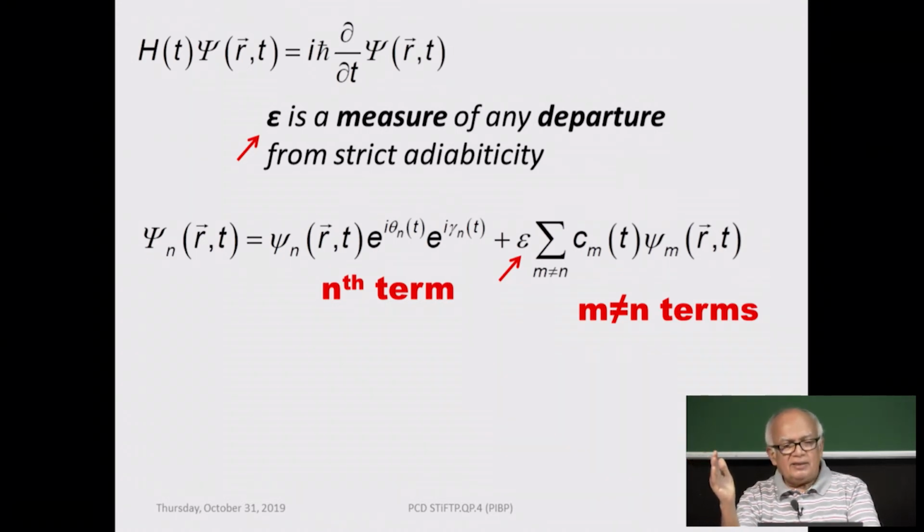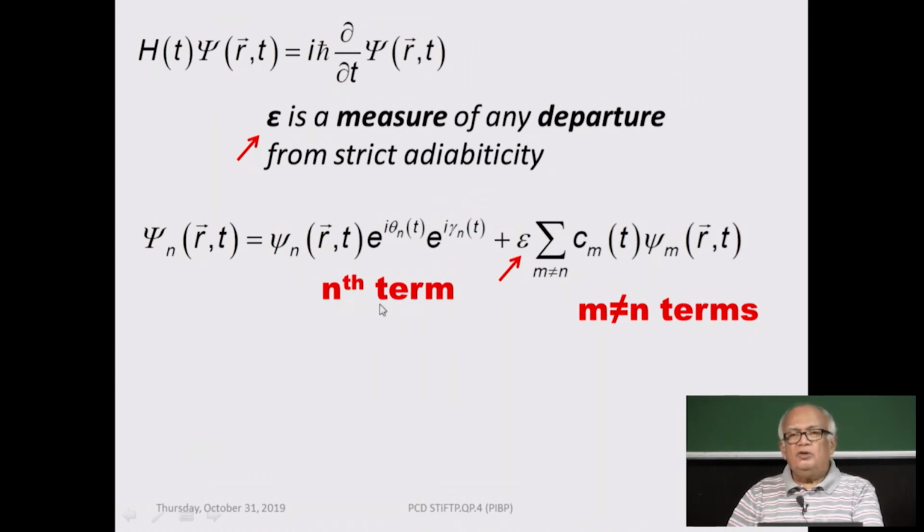In that case, the wave function at the time t will be different from the wave function when you started because of the dynamical phase and the geometrical phase, but not only of the nth term.